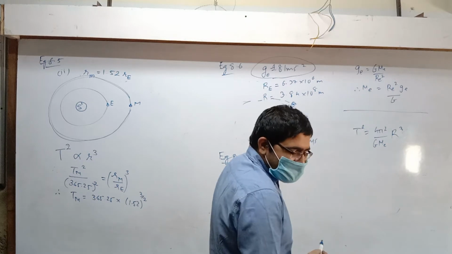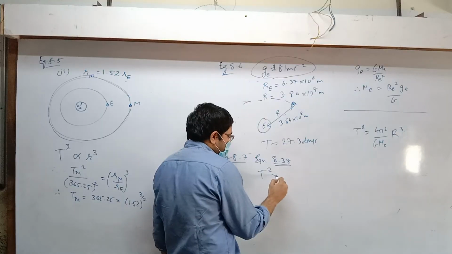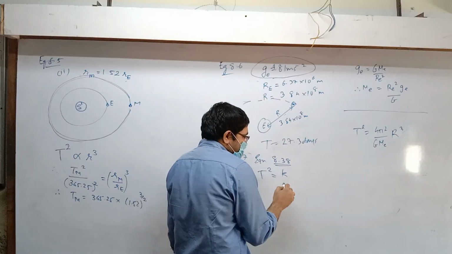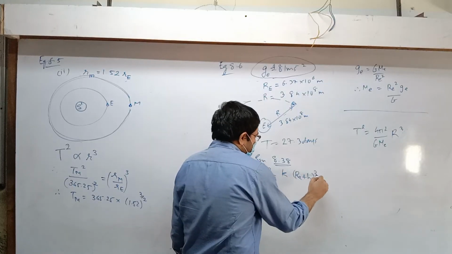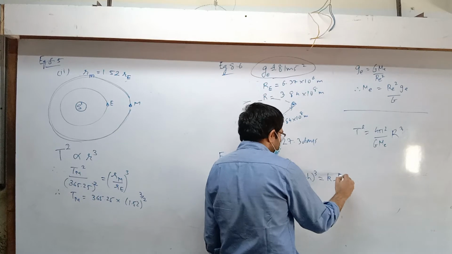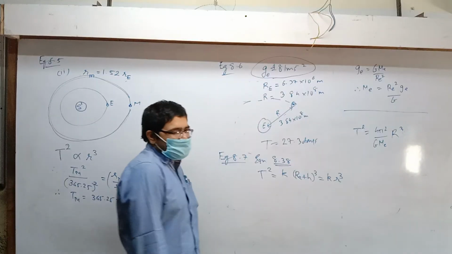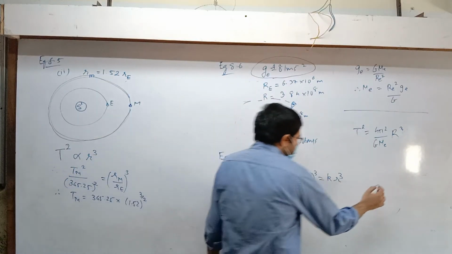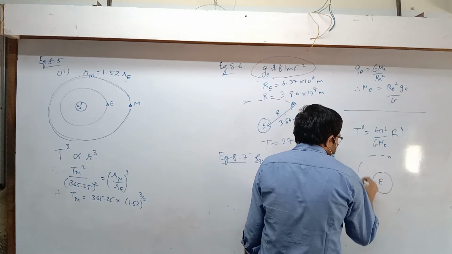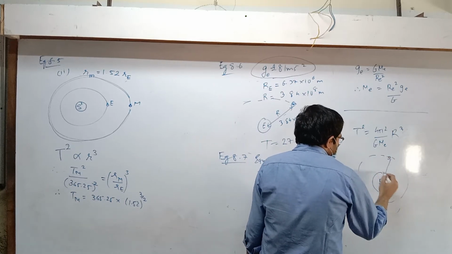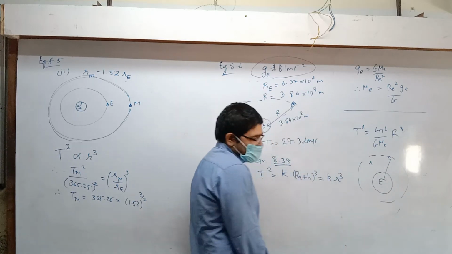T square equals k times (R plus H) whole cube. You can also write it like this, R plus H above the surface of Earth. I think there is some satellite here, so you can always write small r equal to R plus H.